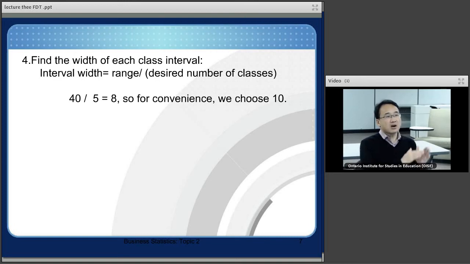Because when we arrange the students' scores from the smallest to the largest, we usually say the students' level from 50 to 60, from 60 to 70. 就是说从50分到60分，60分到70分，70分到80分。我们很少说50到58分，59分到67分。So here we choose 10 for convenience, not rounding up to 45. Okay?